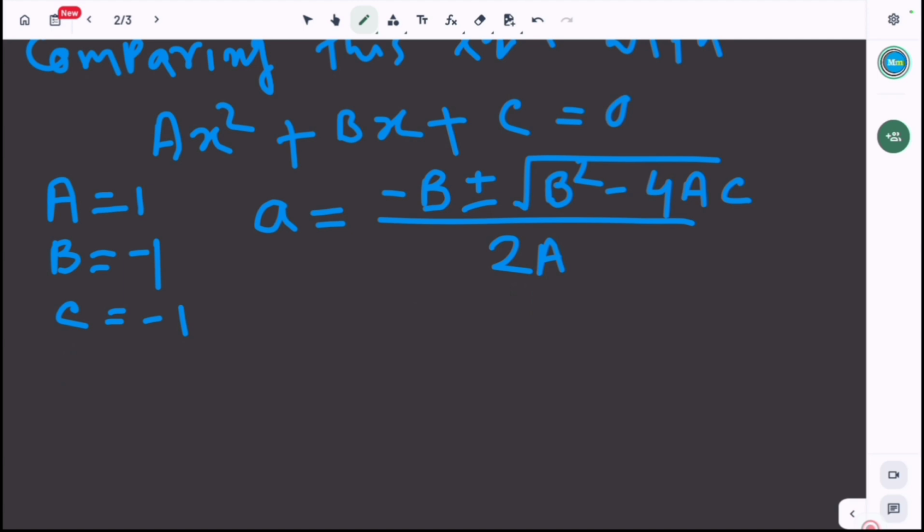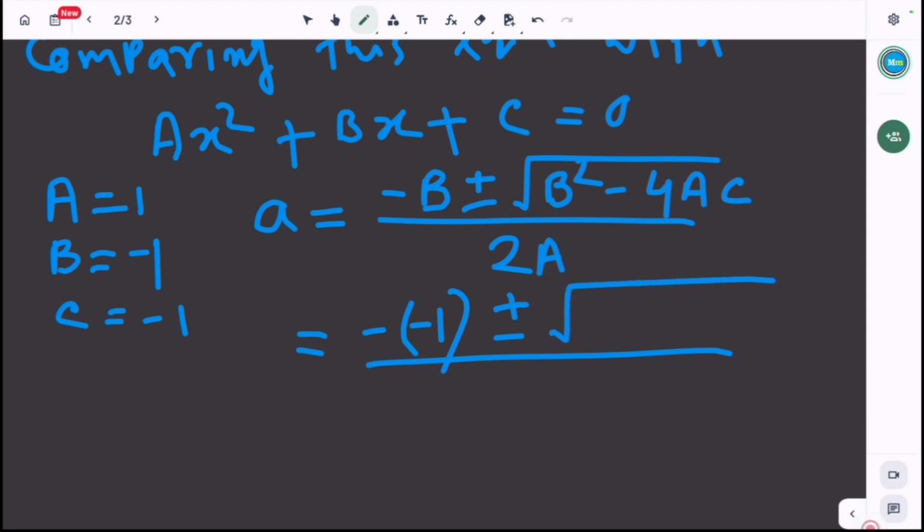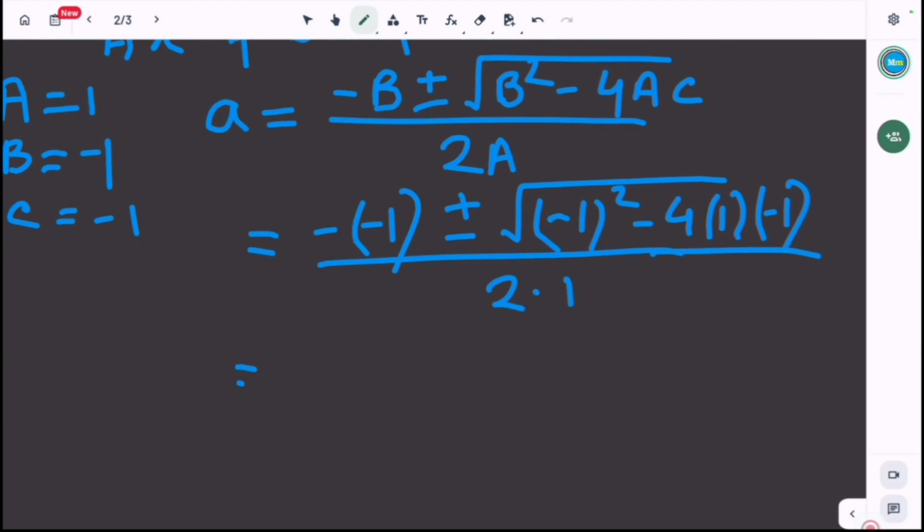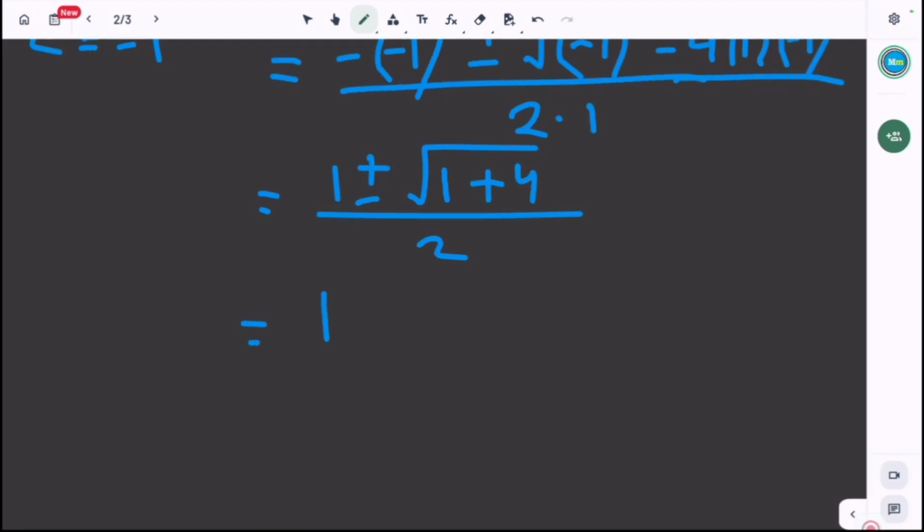Now putting the values: minus of minus 1 plus minus root over (minus 1) whole square minus 4 into 1 into minus 1, divided by 2 into 1, equals 1 plus minus root over 1 plus 4 by 2, equals (1 plus minus root 5) by 2.